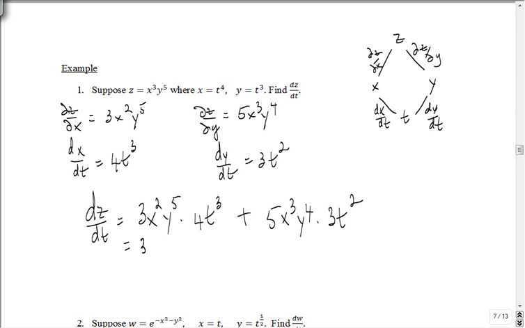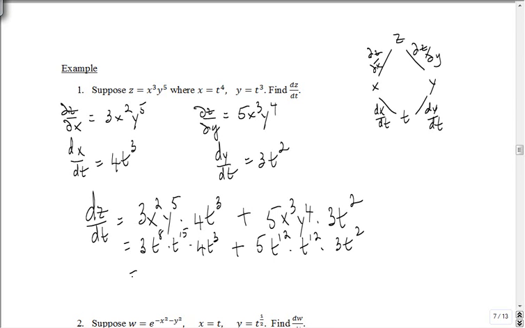So this becomes 3 times t to the fourth squared, which is t to the eighth, times y to the fifth, that's t to the 15th, times 4t cubed, plus 5 times x cubed, which is t to the 12th, times y to the fourth, which is t to the 12th, times 3t squared.